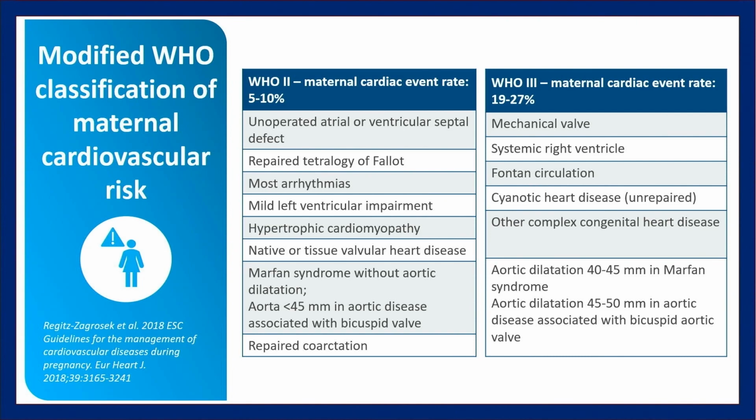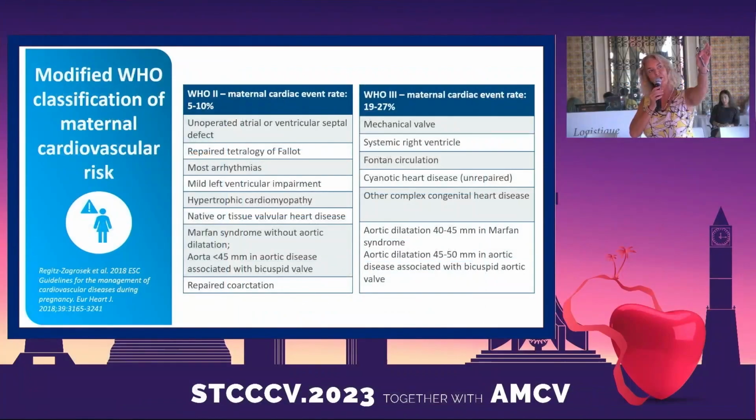For group 2, you can see unoperated atrial septal defect, repaired tetralogy of Fallot, most arrhythmias, mild left ventricular dysfunction, hypertrophic cardiomyopathy, native or tissue valve, and Marfan syndrome. I think you will speak about that. Yeah, I'm not speaking about it. Repaired coarctation. So the maternal cardiovascular event rate is 5 to 10%.